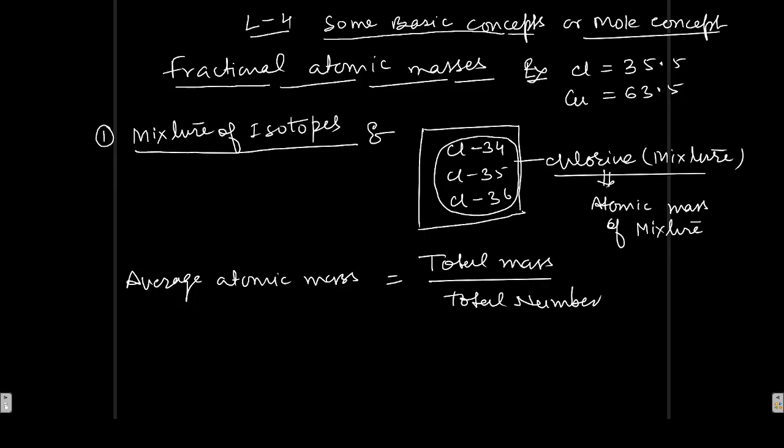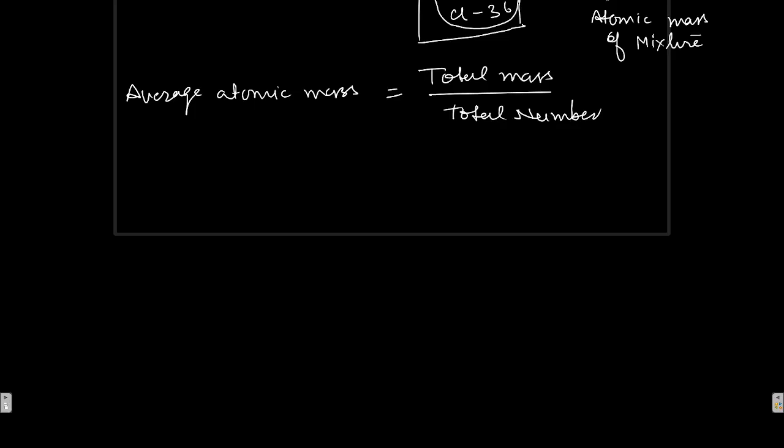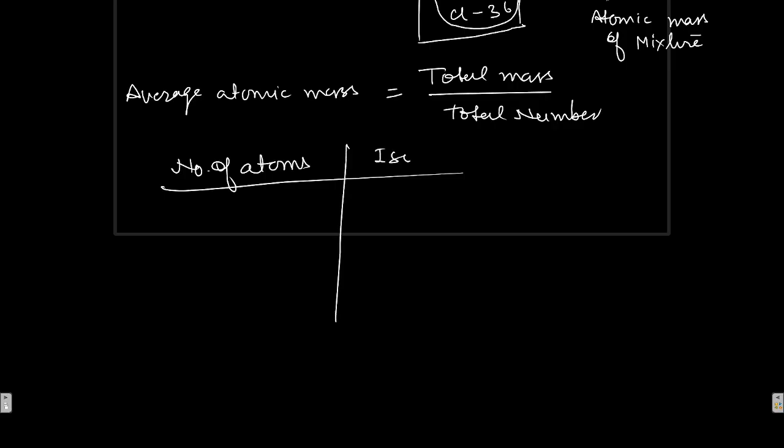Here I took the example of chlorine, but in the case of copper and some other cases it is possible that the element is a mixture of its isotopes. Friends, suppose that we have taken a number of atoms, and here the isotopic atomic mass.